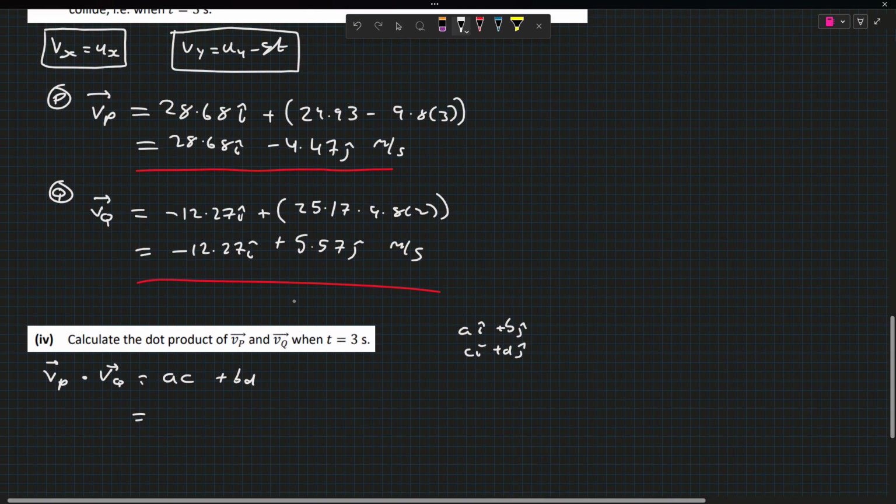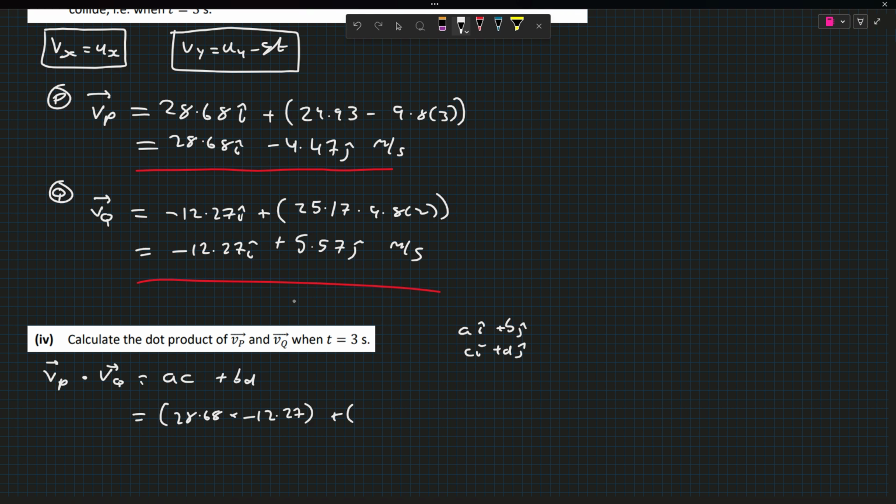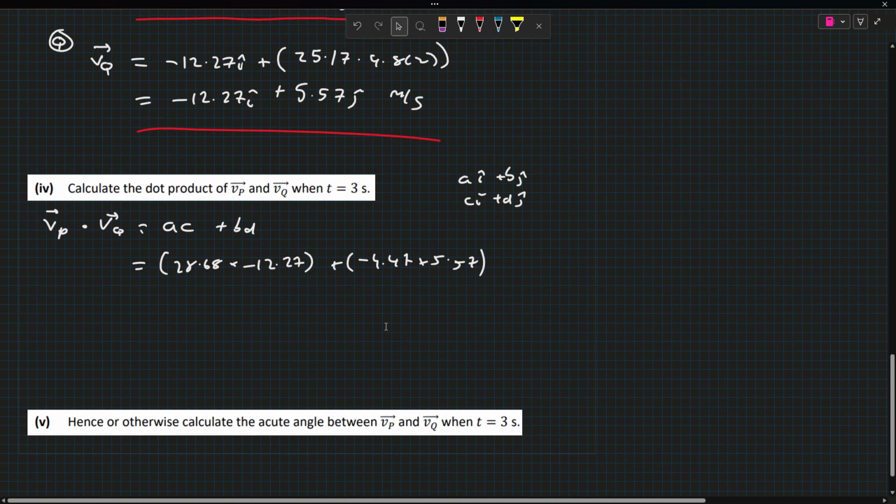So we have 28.68 times minus 12.27 plus minus 4.47 times 5.57, which gives us, to the nearest, let's go to the nearest, minus 376.8.